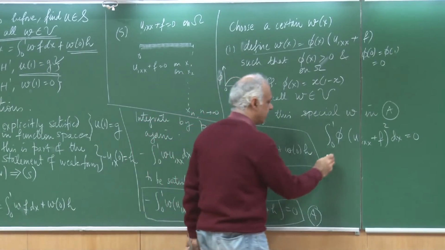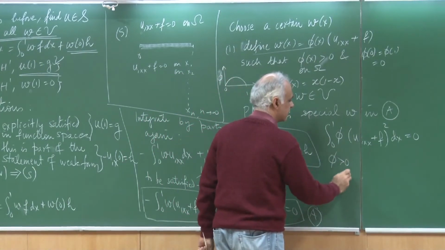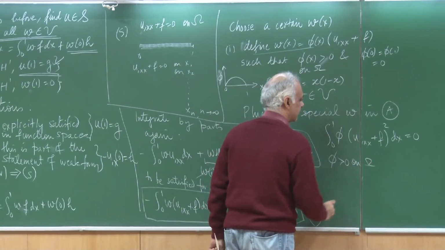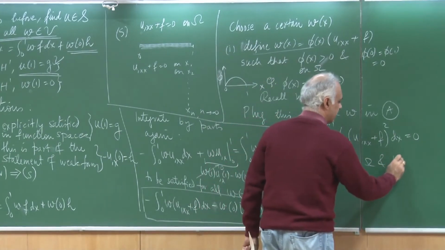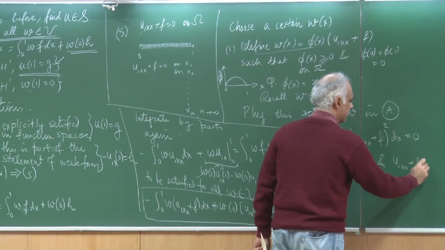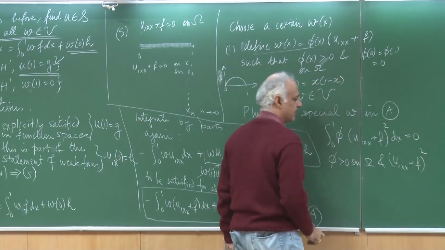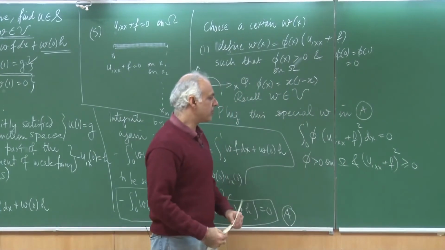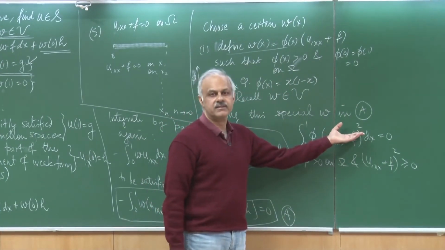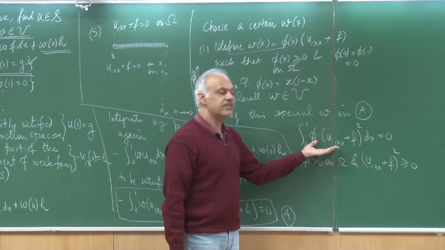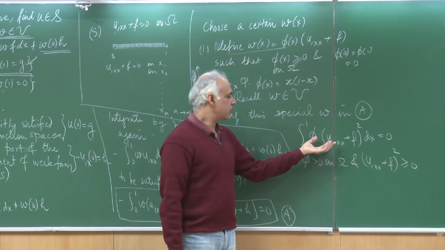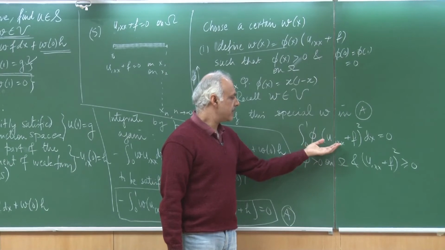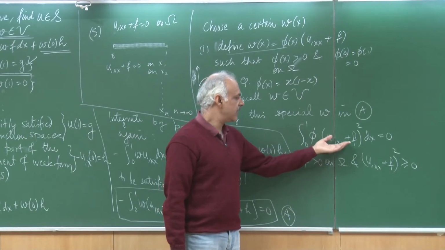Now, notice phi is greater than 0 on omega, and u comma x x plus f whole square can only be greater than or equal to 0 because it is a square of a number, okay, and we know that we are dealing with real functions. So, u is a real function, its second derivative is also real, f is real, I add them, square them up.